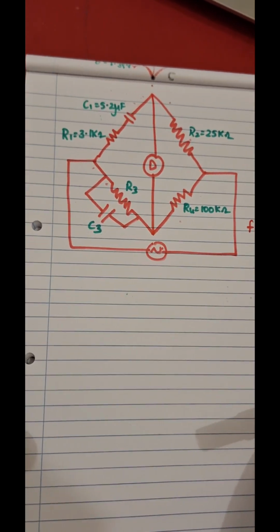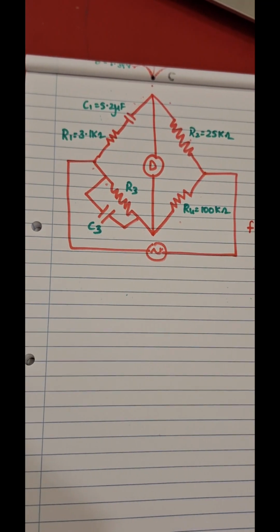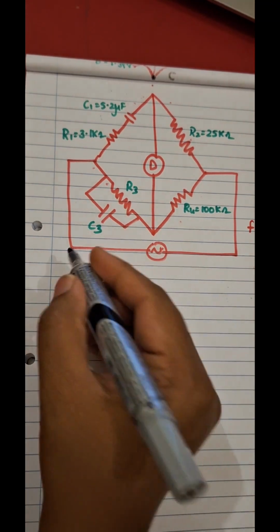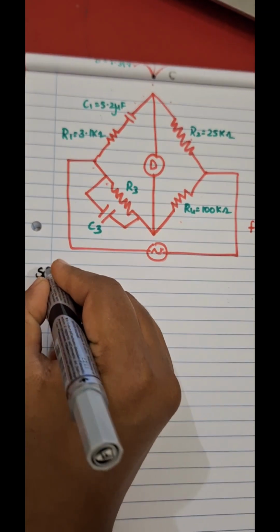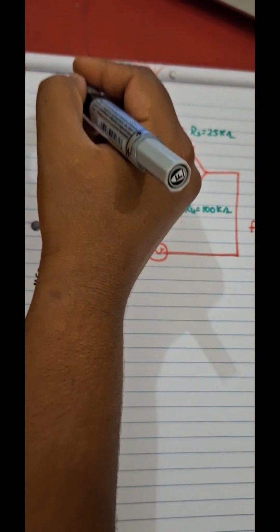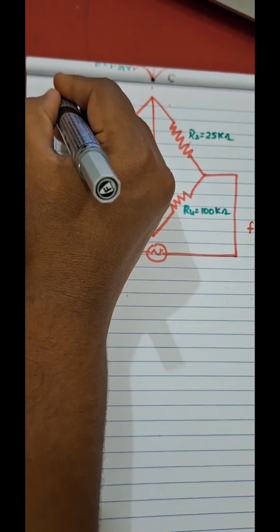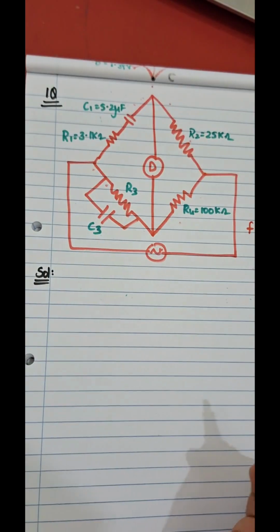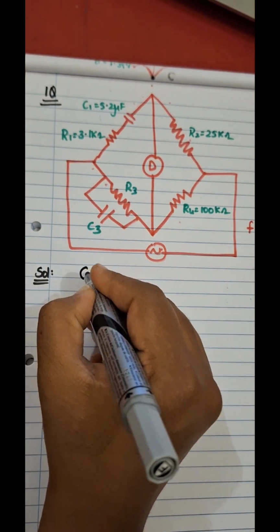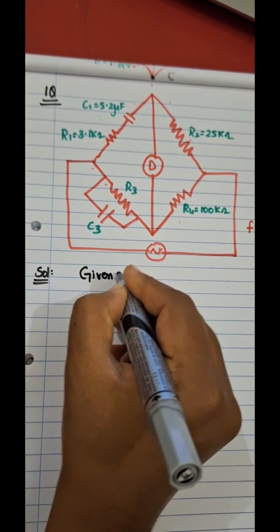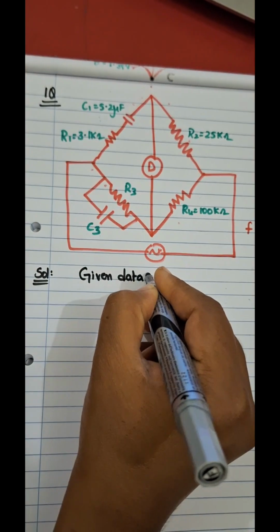Okay. So now, in the exam, how should you write? Let me just show you. First you will say solution. For example, if this is question 1, just say first question, solution, and start the answer. Given data. What is the given data?